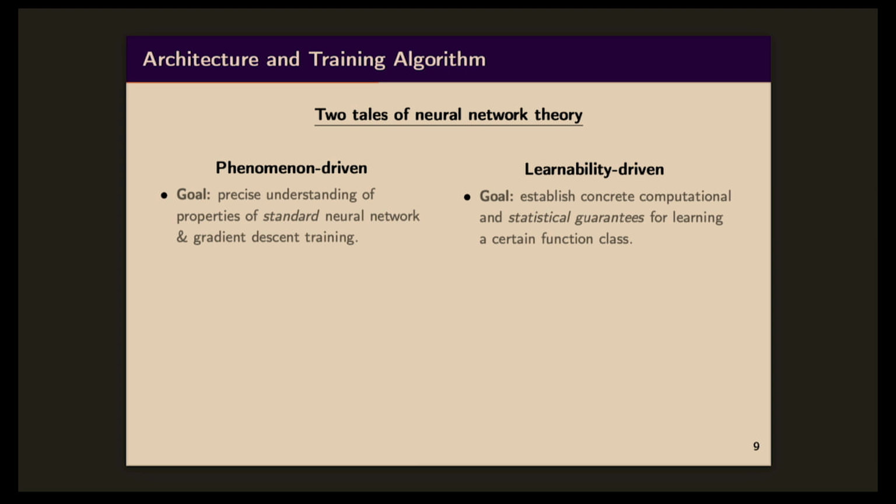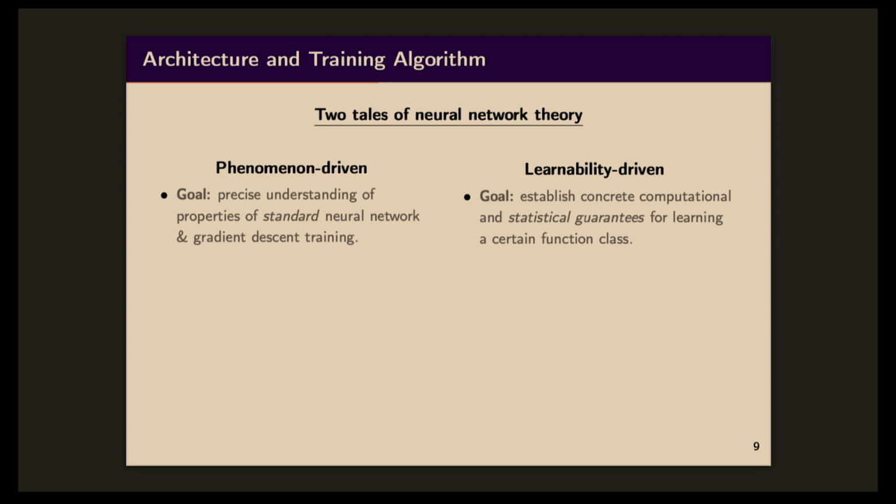Instead, we try to have some description of certain interesting phenomena, such as non-monotonicity in the risk or some phase transitions. And there's also another perspective driven by learning guarantees, where the goal is to show that a neural network, trained efficiently by gradient descent, learns a large class of functions.